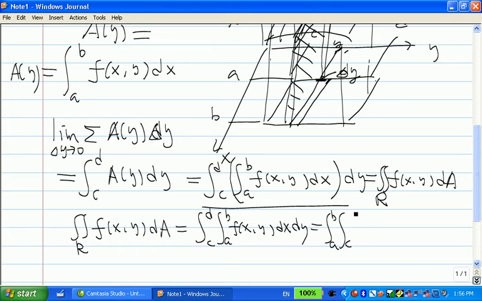Think about it, you cut slices with different direction, dy dx.